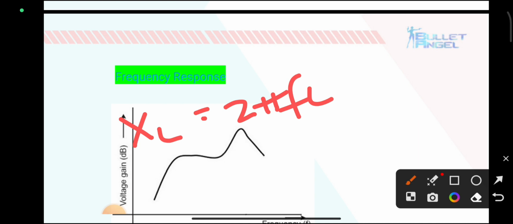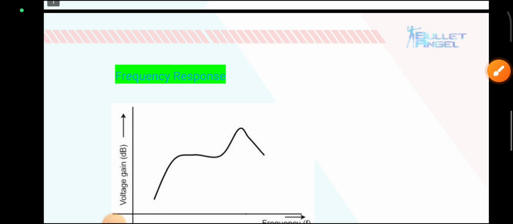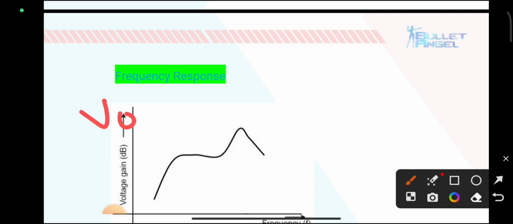At lower frequency, f is very low, so XL is also low. So the reactance, which is nothing but impedance, will be low. The output voltage is the product of IC and XL, or impedance.